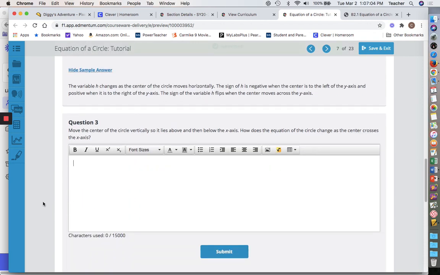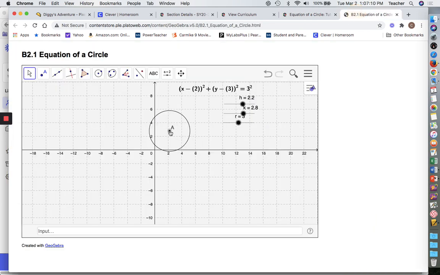All right, move the circle vertically, so it's above and below the x-axis, and then again they're asking the same question. If I'm above the x-axis, up here, and if I'm looking at below, you'll notice this k right there is the one that changes. Above is positive, below is the double negative.